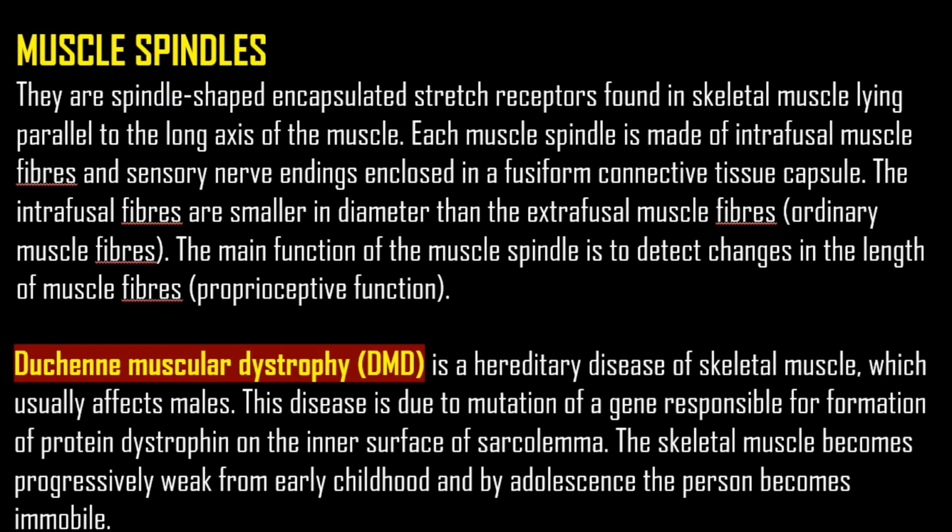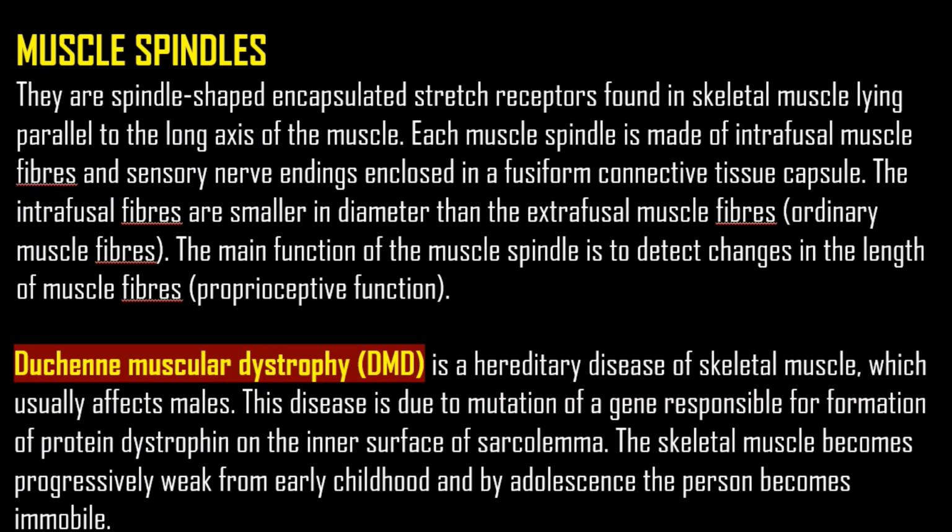The other important aspect of skeletal muscles is knowing muscle spindles. They are spindle-shaped encapsulated stretch receptors found in skeletal muscle, lying parallel to the long axis of the muscle. Each muscle spindle is made up of intrafusal muscle fibers and sensory nerve endings enclosed in a connective tissue capsule.